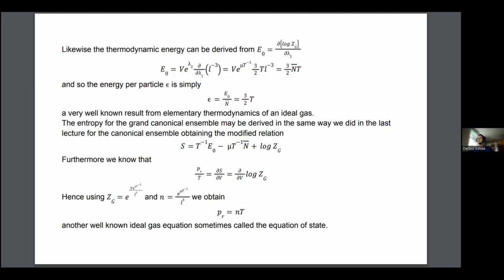From lecture 3, we know that pressure P over T equals the partial derivative of S with respect to V, and that is equal to the partial derivative of the logarithm of the partition function Zg with respect to V. We can present the pressure in the form P equals particle density small n times temperature T, another well-known ideal gas equation, sometimes called the equation of state.